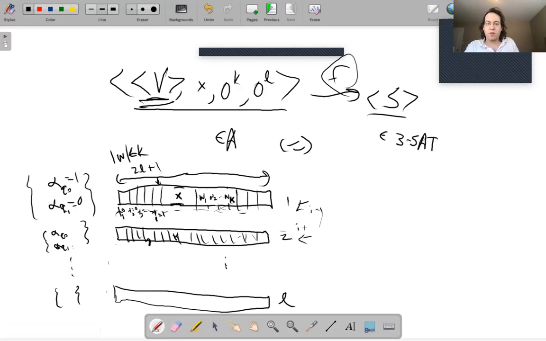Okay, and whether it's to the left or right must depend on the transition rule. So it depends on the variable at the position of the tape head, and also on the internal states.